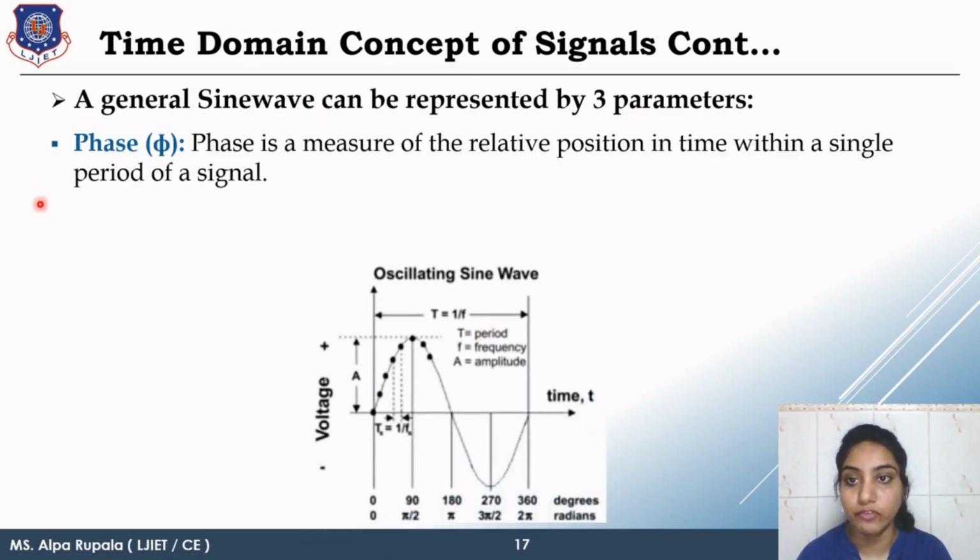Next term is phase. The basic definition of phase is a measure of the relative position in time within a single period of a signal. But let's not go through the proper definition. We are seeing one diagram in which we can learn phase in a very easy manner.